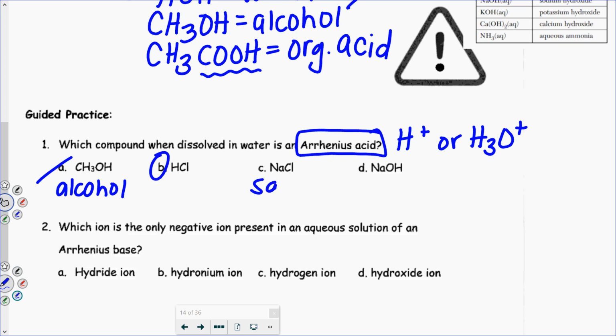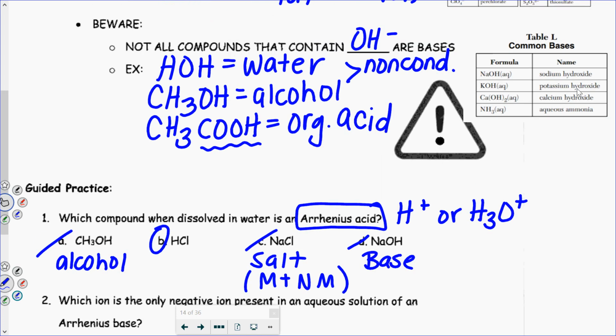NaCl is a salt because it's a metal and a nonmetal. And NaOH is a base. It's found on Table K, or excuse me, L, right here. So it's a base. So if you're asked which of these is an Arrhenius acid or an Arrhenius base, just check Tables K and L.